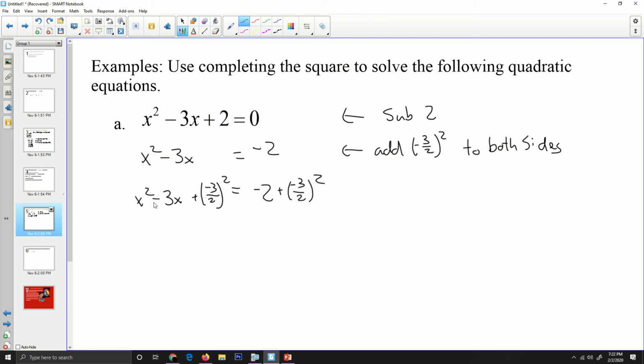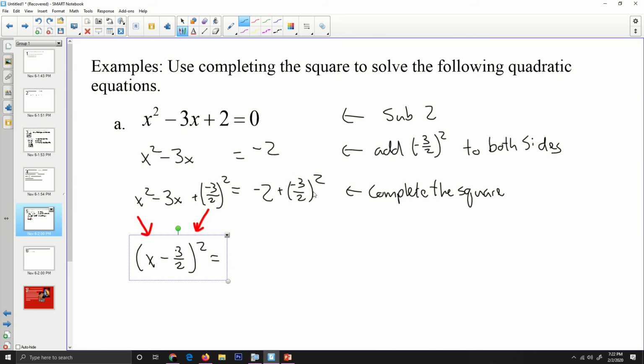And now this is a perfect square. The easiest way that I can think of is I take that 3 over 2 and rewrite it as x minus 3 over 2 quantity squared.